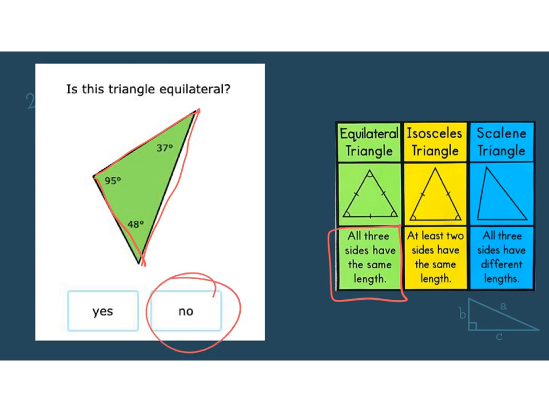It is not equilateral. And just to review, what kind of triangle would this be if we were classifying by angles? Would it be acute, obtuse, or right? We're going to look at the three angle measures. 37 and 48 are acute, but we've got this one that's bigger than 90, so it would be an obtuse triangle as well. Obtuse. But this is not equilateral because the sides are not equal to each other.